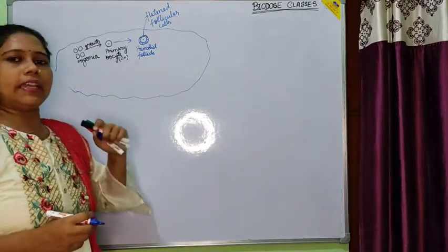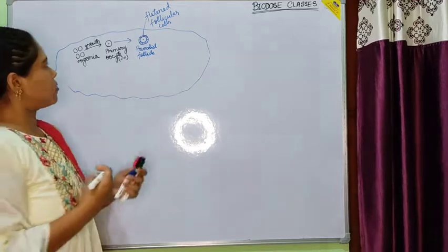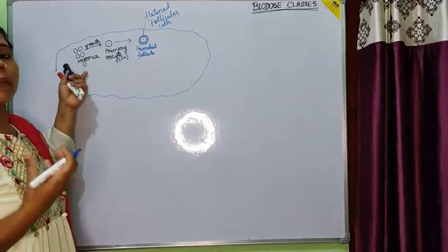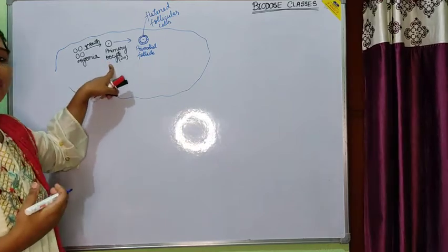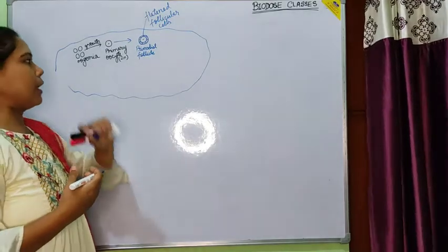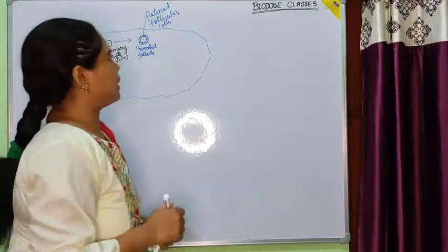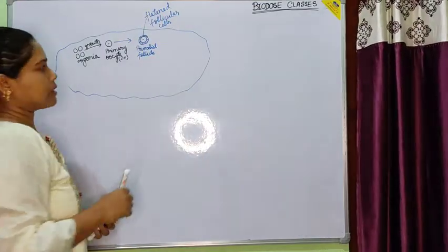So, what we have seen is that inside the ovary, the process of oogenesis would take place, in which the primary oocyte, a diploid cell, would get converted into a primordial follicle by the surrounding of the flattened follicular cells.